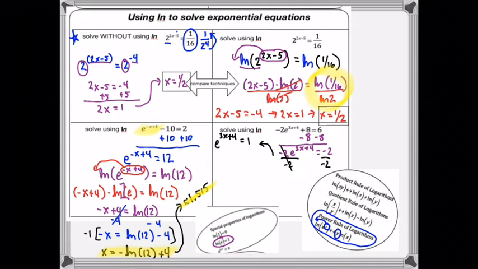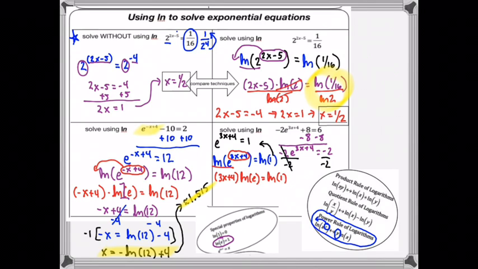Okay, so I'm going to take the natural log of both sides again. So I go natural log of e to the 3x plus 4 equals natural log of 1. Now, a couple neat things are going to happen here. This is going to come out in front, like we practiced. I have the natural log of e left over right here, and then the natural log of 1.